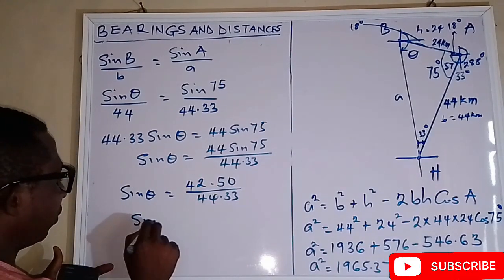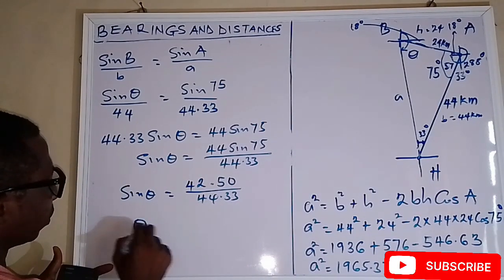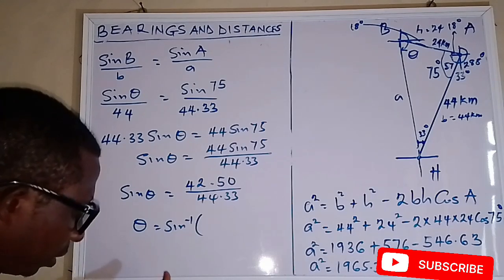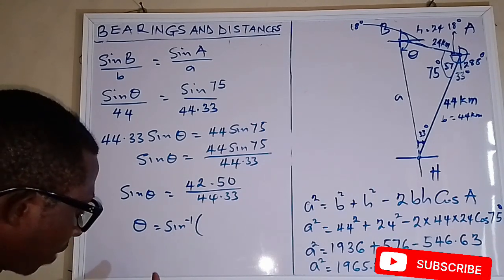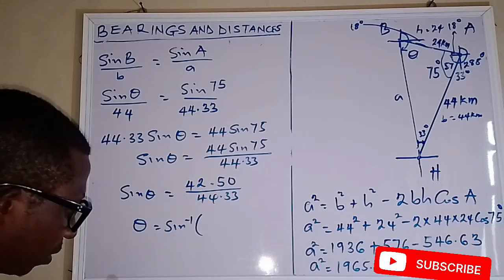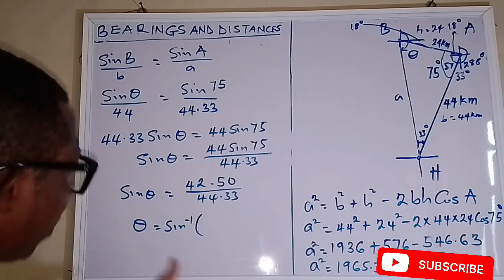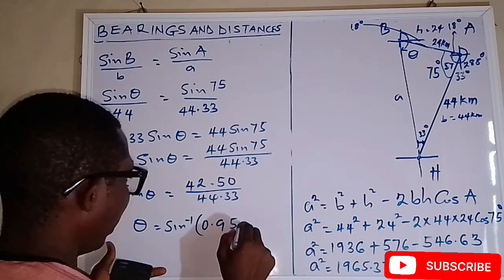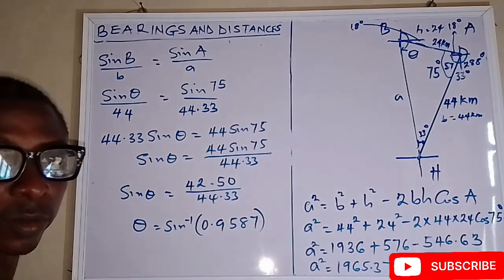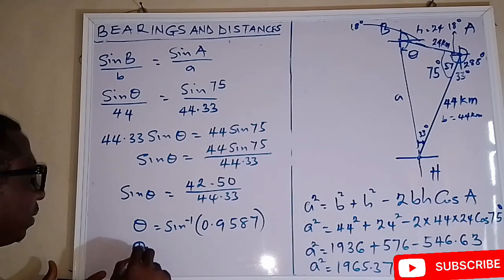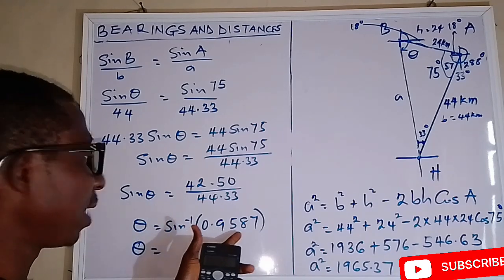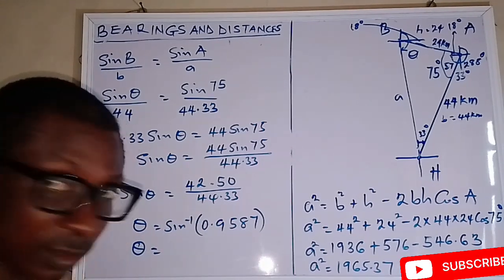Okay, so if you divide that, you can have theta to be arcsine of what we have here. So let's divide this. 42.50 divided by 44.33. So what do we have? We have 0.9587. Okay, so we find arcsine of 0.9587.